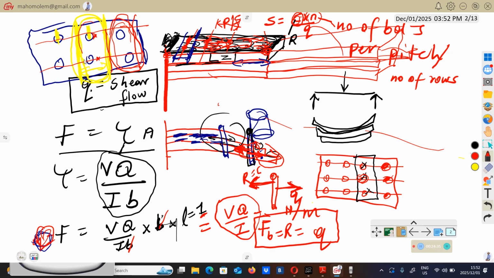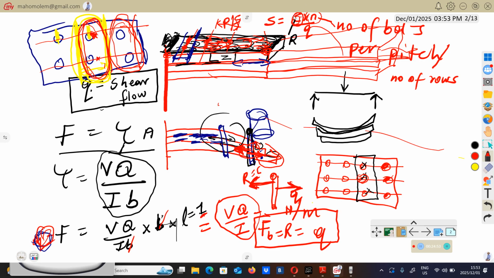So as you can see here, if you want to find the resisting force per pitch, then we take the resisting force of one bolt multiplied by 2, since per pitch here we have 2 bolts.